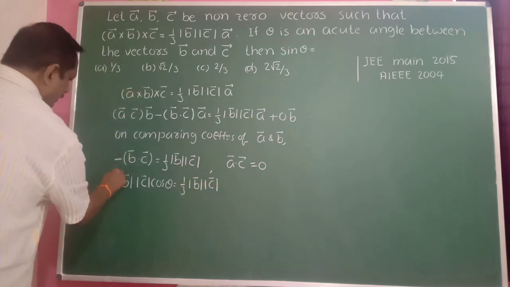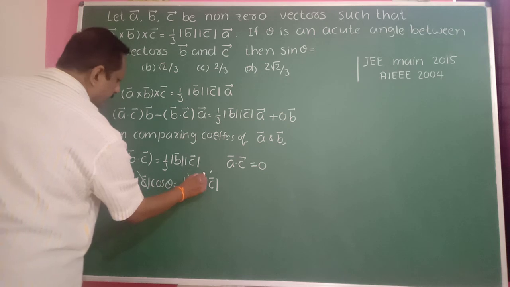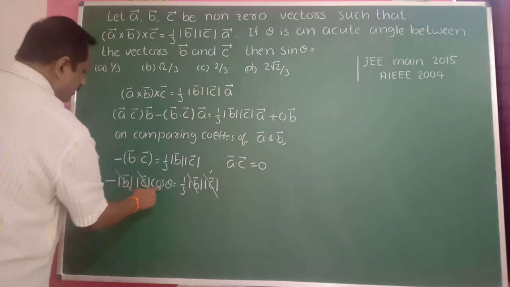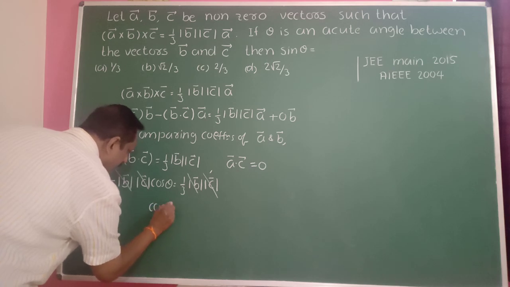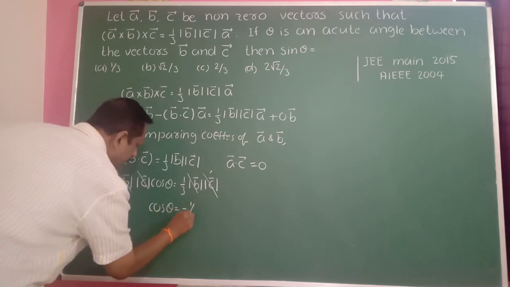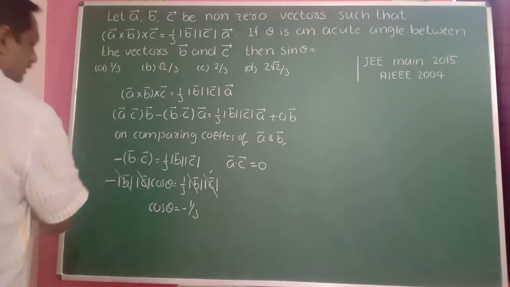This term cancels. So minus cos theta equals 1 by 3, so cos theta is equal to minus 1 divided by 3.